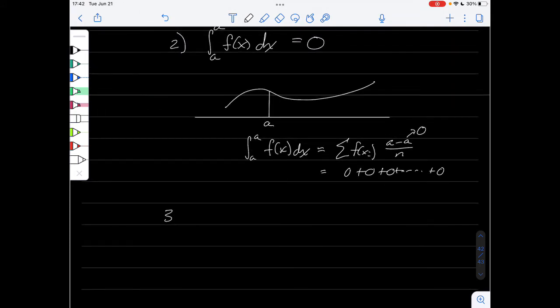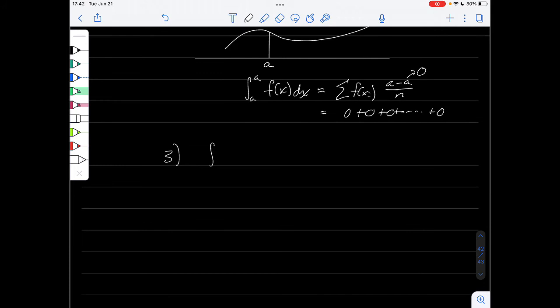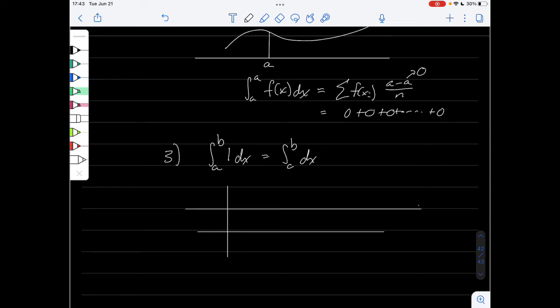The third property is going to be, what happens if we integrate 1 dx, which is the same as integrating just dx. The answer here, I think it's a little clear, but we're going to just really make sure we understand it. So if this is 1 and we're integrating from a to b, what we want to do is find this green area right here.